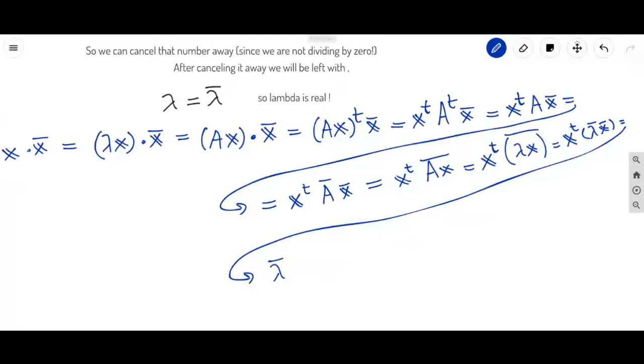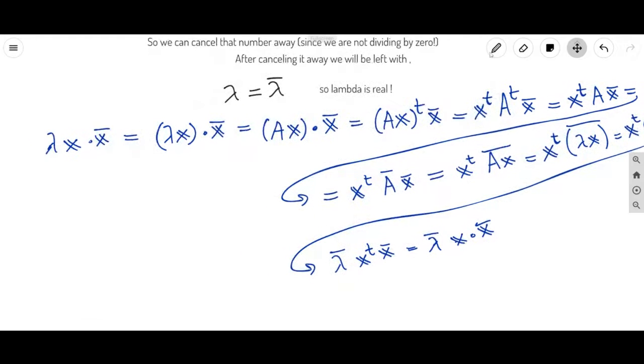You factor it out, and you're left with x transpose x bar, which is the same thing as taking the dot product between those 2 vectors. So this is lambda bar times x dot product x bar. That's what you're finished with.